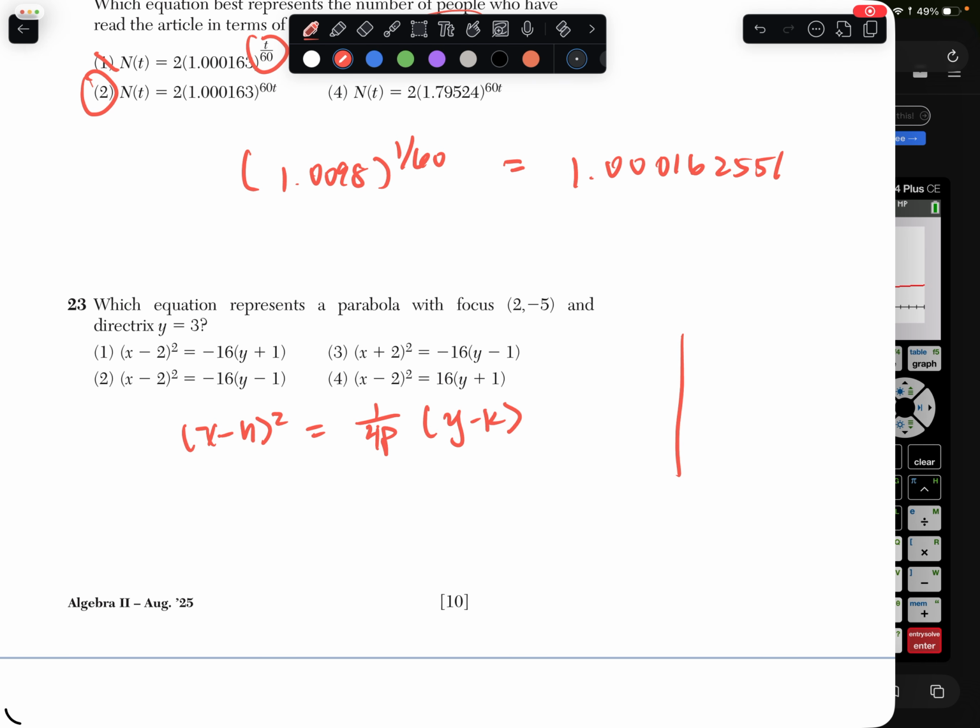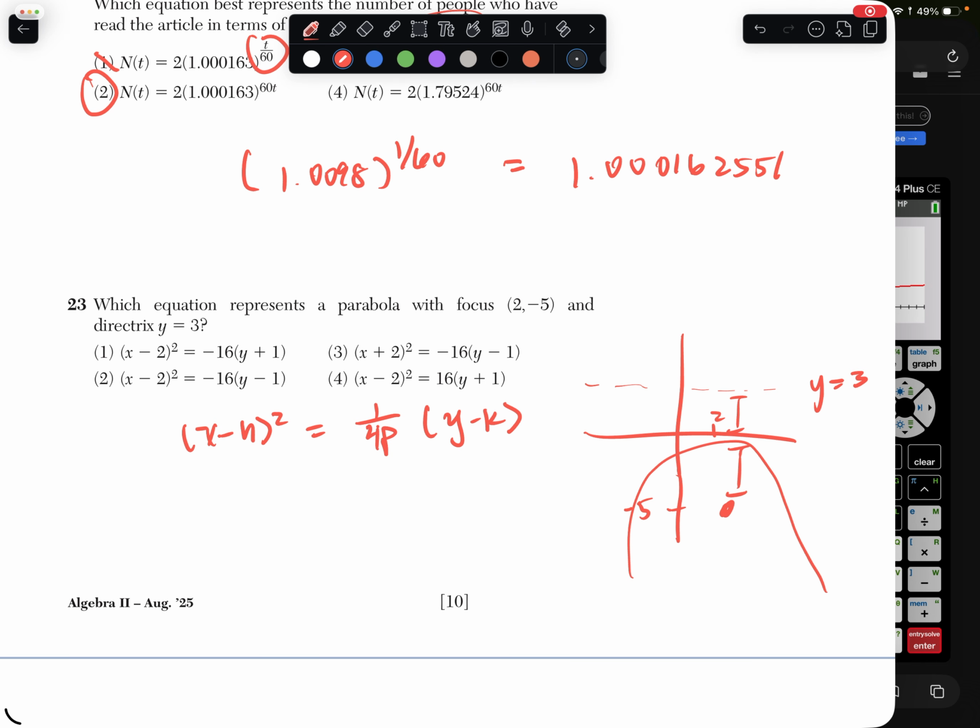I like to visualize this. The directrix is at y equals 3, and the focus is at (2, -5). So my parabola is going to look something like this.